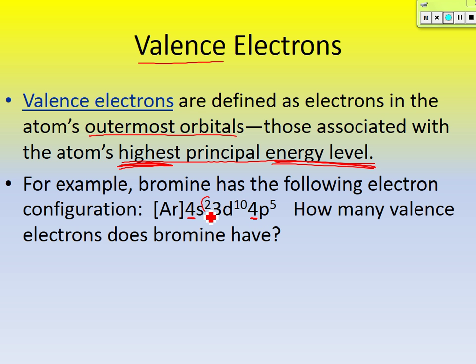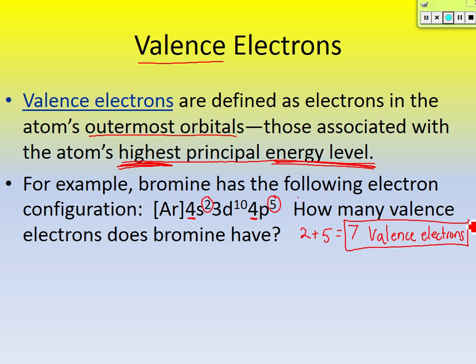Well, this exponent here tells you the number of electrons. And so we've got 2 electrons in the 4s orbital, and there's 5 electrons in the 4p orbitals. And so if you add them up, 2 plus 5 is equal to 7, and so bromine would have 7 valence electrons.